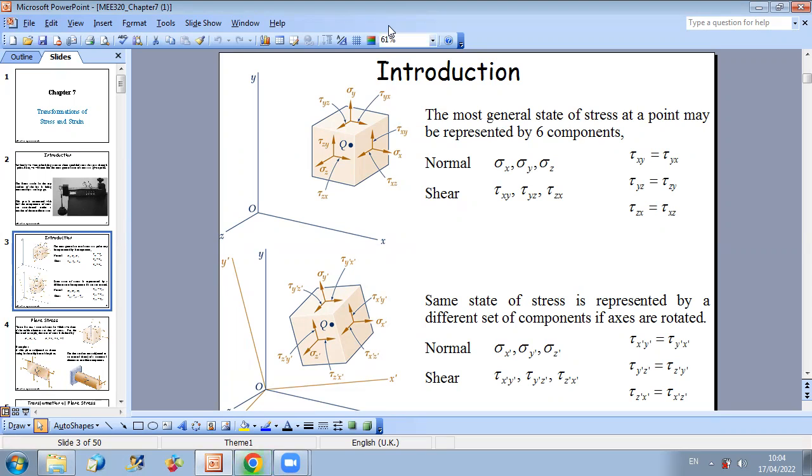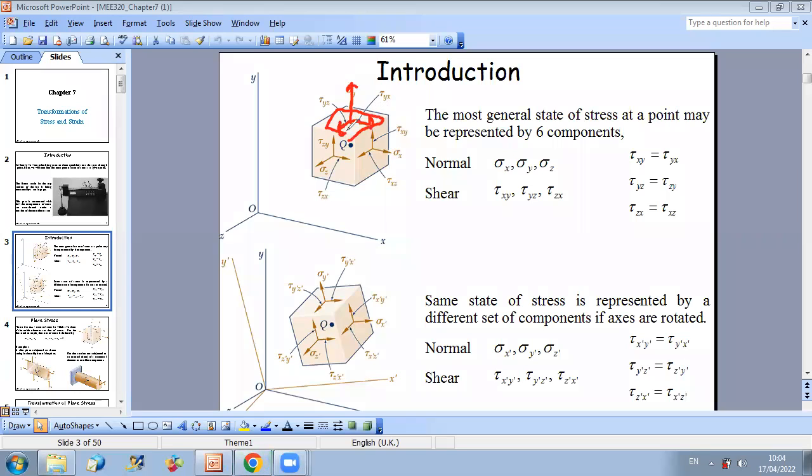So if you take the following control volume, you have 6 faces, and each face will be subjected to normal stress and to shear stresses.